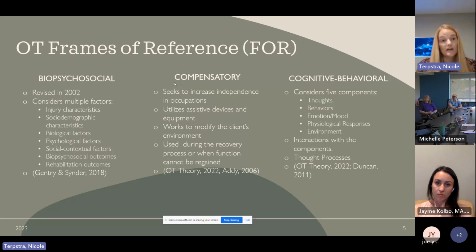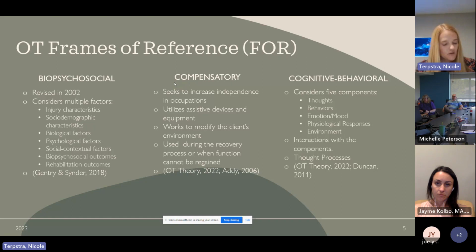It really looks at the biological side of things, the limitations they might have physically, but also because it has that psychosocial aspect, you're looking at their internal concerns and maybe what is leading to the detriment in their environment and how that then affects their biological needs.